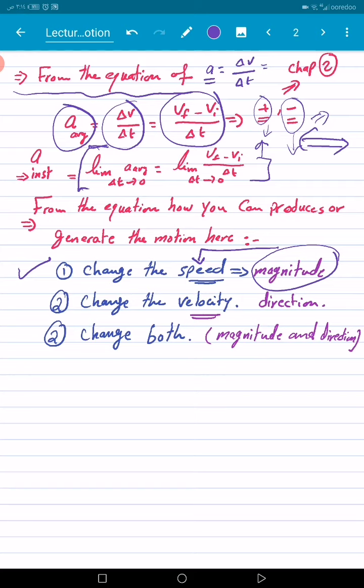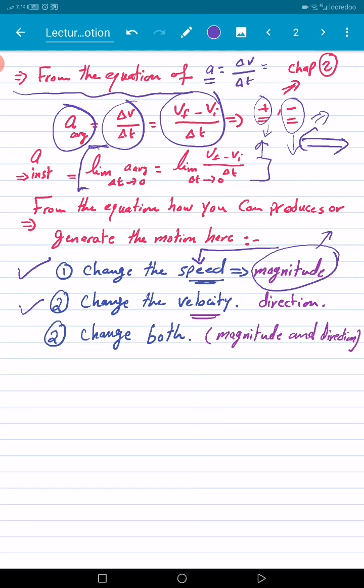That means I change the speed. The speed is how many times it covers the circle in 1 second, or 1 revolution. Then I change the magnitude, so I change the number.